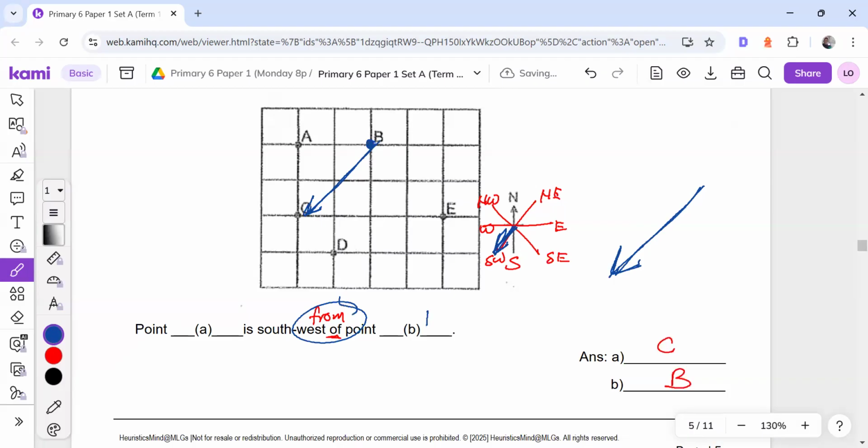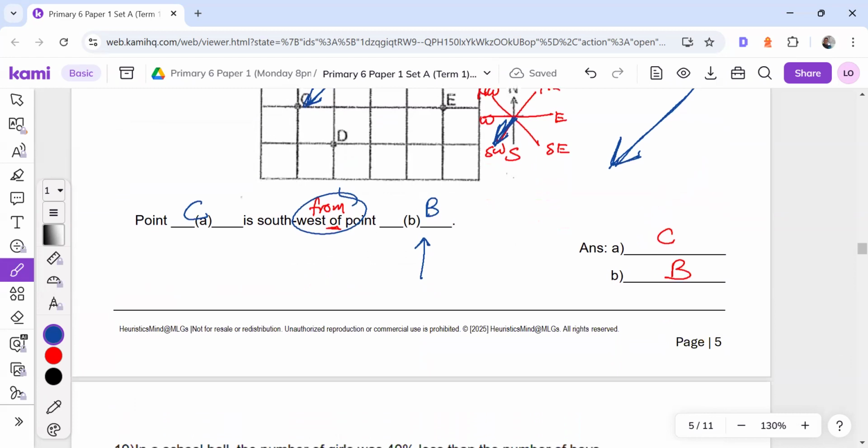So point B. So look at the word of. Of means from. That's the starting point. So your starting point is B. And then you go southwest. Where will you reach? You will reach point C when you go southwest. Clear? All right? Okay, stay focused. I know you're tired, but try to stay focused because this is important lesson.